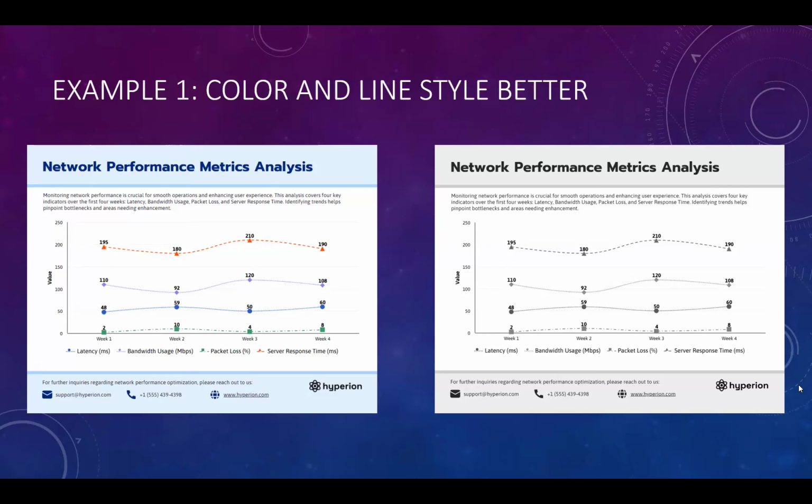So we changed the line style from just a straight line with the points. Sure, the points do something, but a little bit of additional work to get the line styles to be different helps even more. So look at that grayscale version now as you review it. It's a little bit easier.